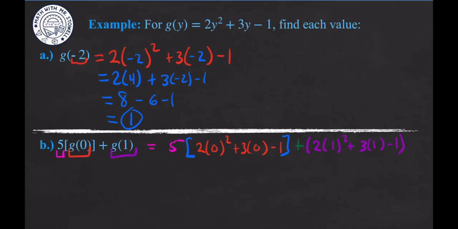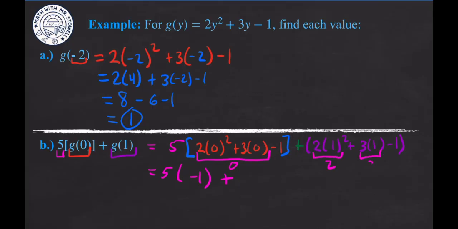That's quite a bit to deal with. So let's just break it apart. So we have this 5, deal with inside the parentheses first. 0 squared is 0 times 2 is still 0. So this all right here is 0. 0 minus 1 is negative 1. Okay, that's simplified down nicely. Plus 1 squared is 1.